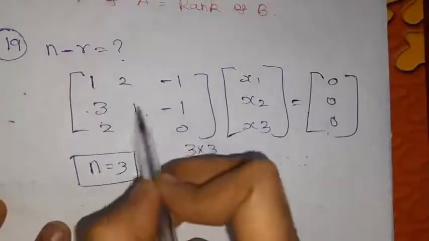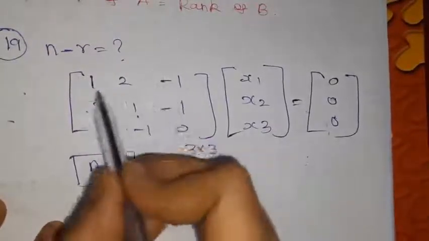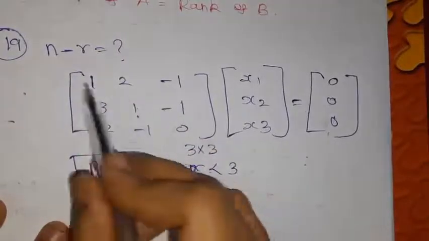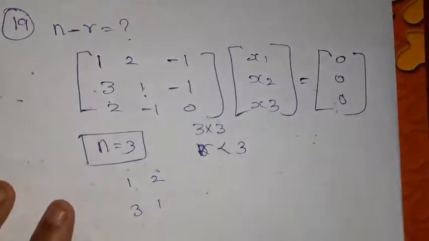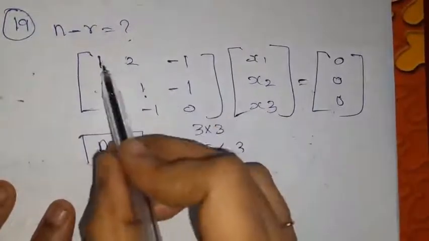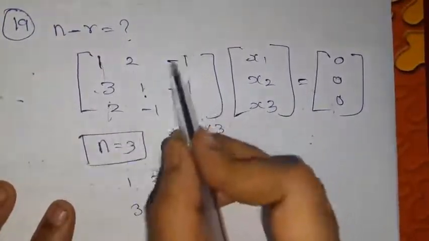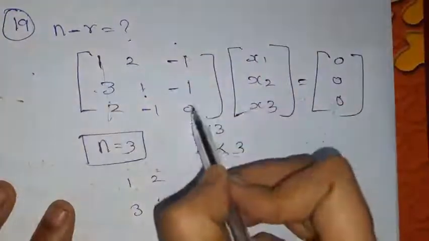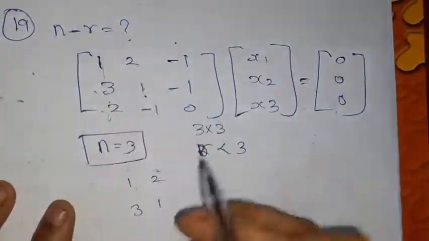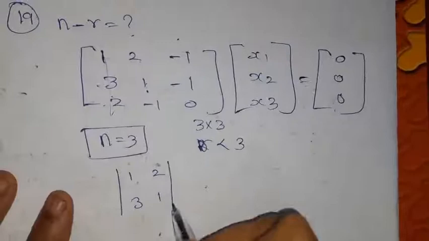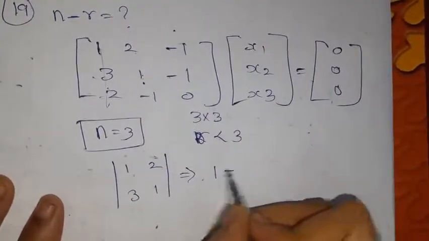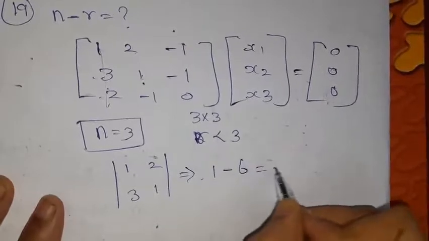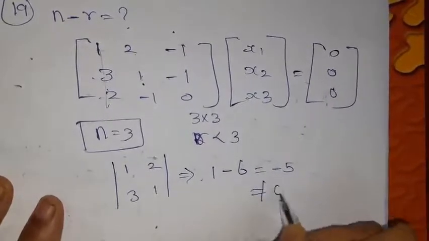So we can check any 2 cross 2 minor. The minor of this minus 1 is 1, 2, 3, 1. Just find out the minor: 1 minus 6, that is minus 5. It is not equal to 0.